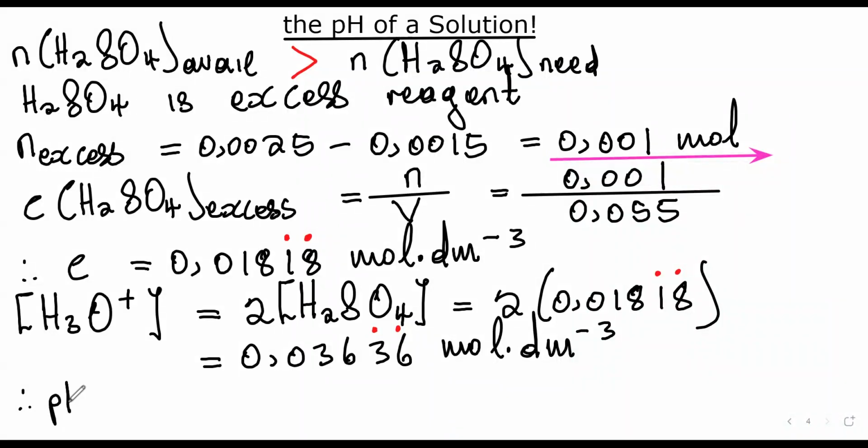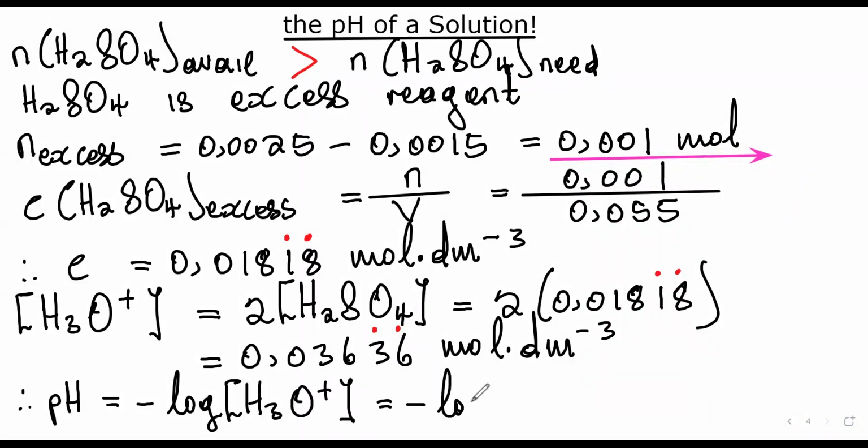Then I know that the pH is the negative logarithm of the concentration of the hydronium ions. So it's the negative log of this answer.